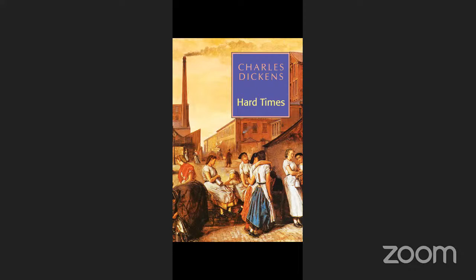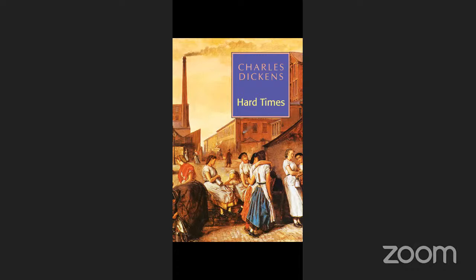The basic and main theme of this novel is education. Here the education is the protagonist. There are many characters. These characters' names you can see here on page number 75.